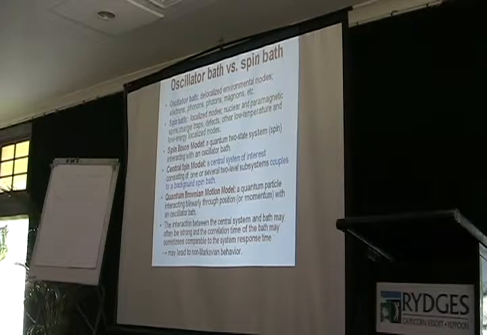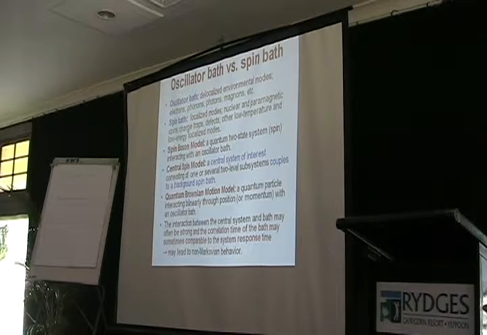Then the spin boson model. Yesterday Joe talked about the spin boson model, and I probably briefly mention it here. That is a two-level system, something like a spin, interacting with an oscillator bath. The central spin model has a central spin interacting with a spin bath.